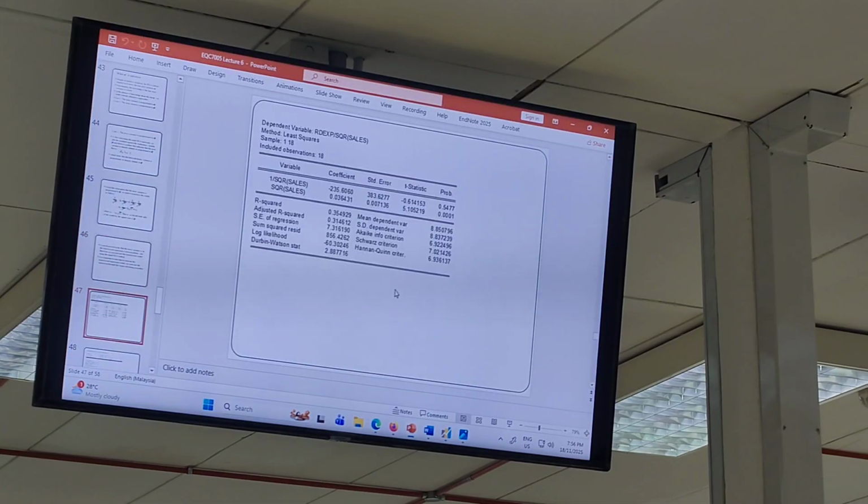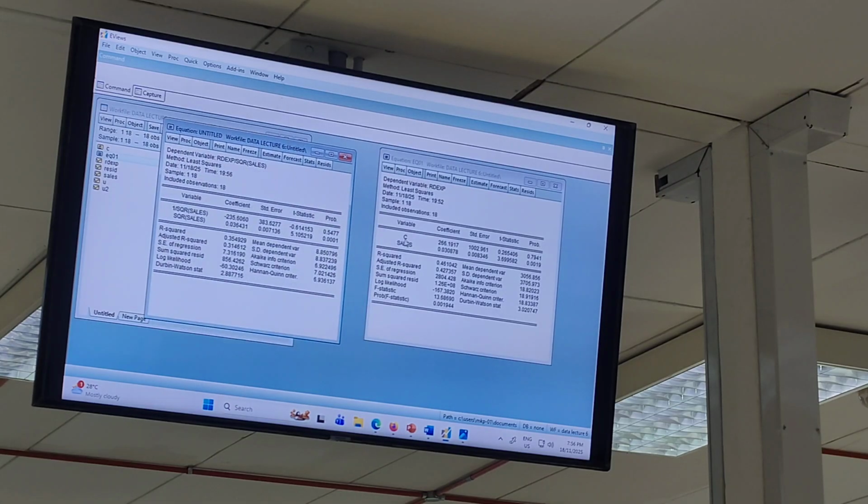I mentioned before, the original estimate is okay, you can use it, but the problem is our standard error. So the statistics also are not reliable anymore when we have the heteroscedasticity problem. So we need to remedy so that we have a reliable estimate of standard error, t-statistic and p-value. But this one is still significant.